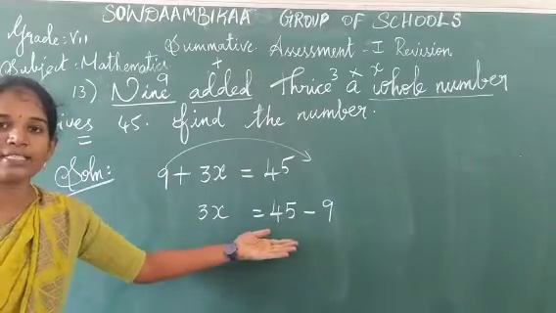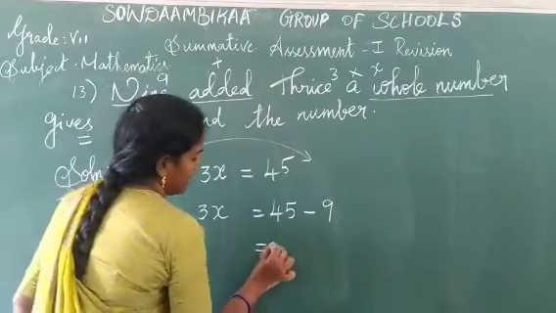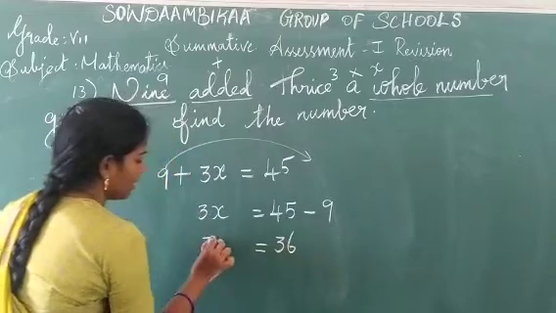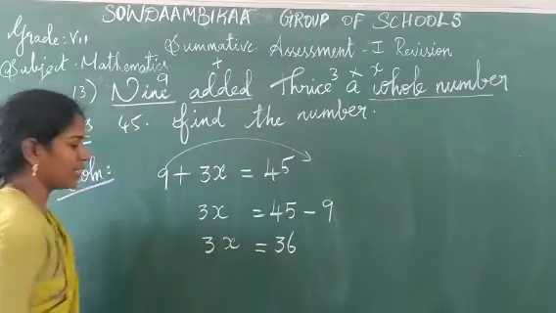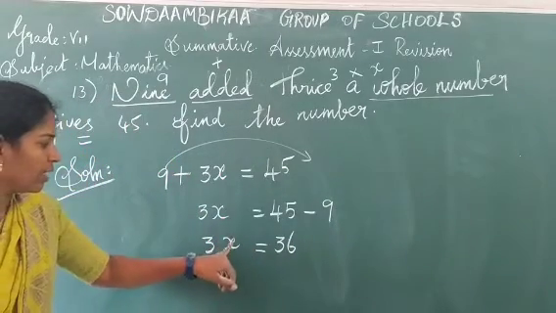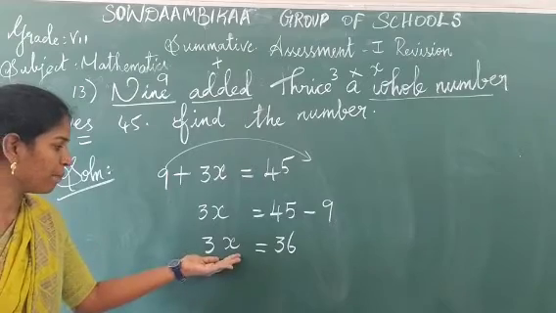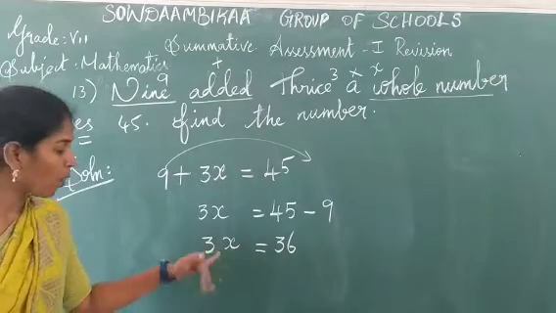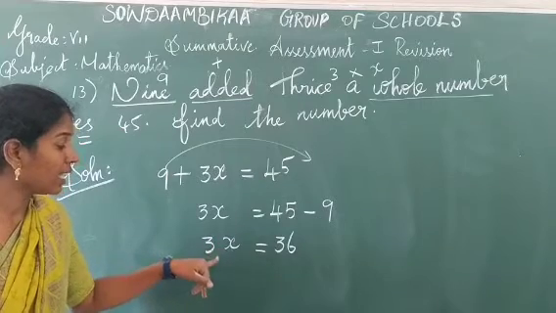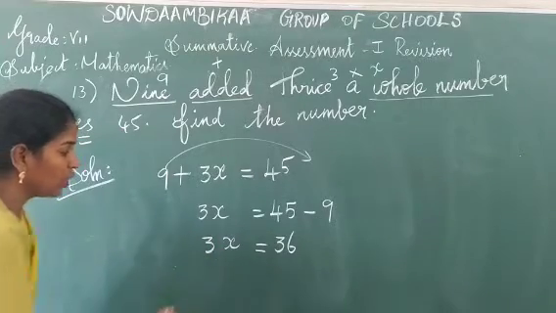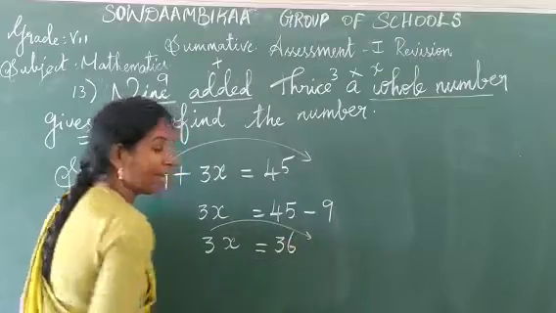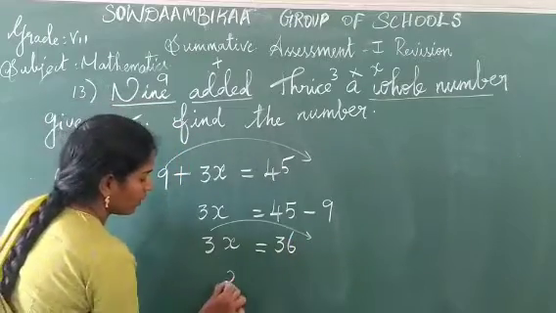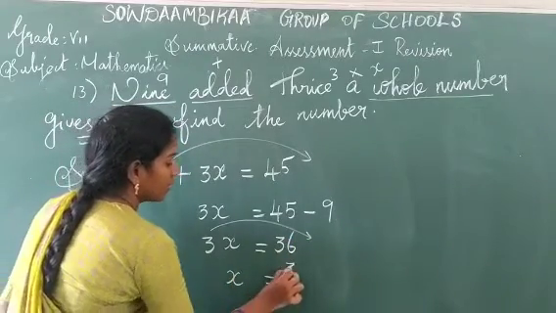Subtract and get the answer, 36. 3x is equal to 36. This 3 and x are a product, the factors. Product means multiplication. This multiplication 3 goes to the RHS side, comes by division. So x is kept on the LHS side.